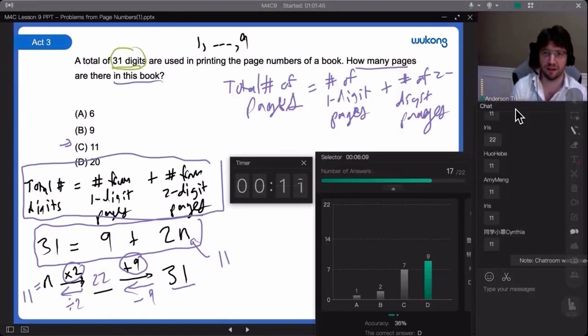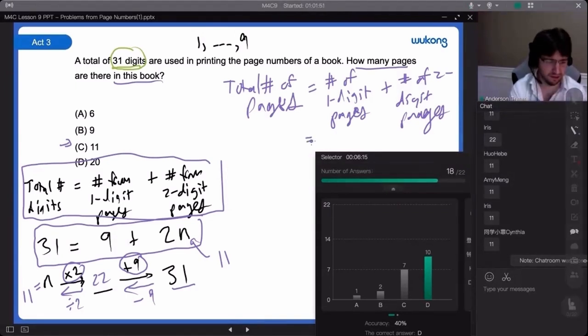So we found 9 one-digit pages and 11 two-digit pages. Okay, so 9 of these, 11 of those. So I think you guys can add those together. Tell me the total number of pages. All right, 10 more seconds. I think some are still changing.